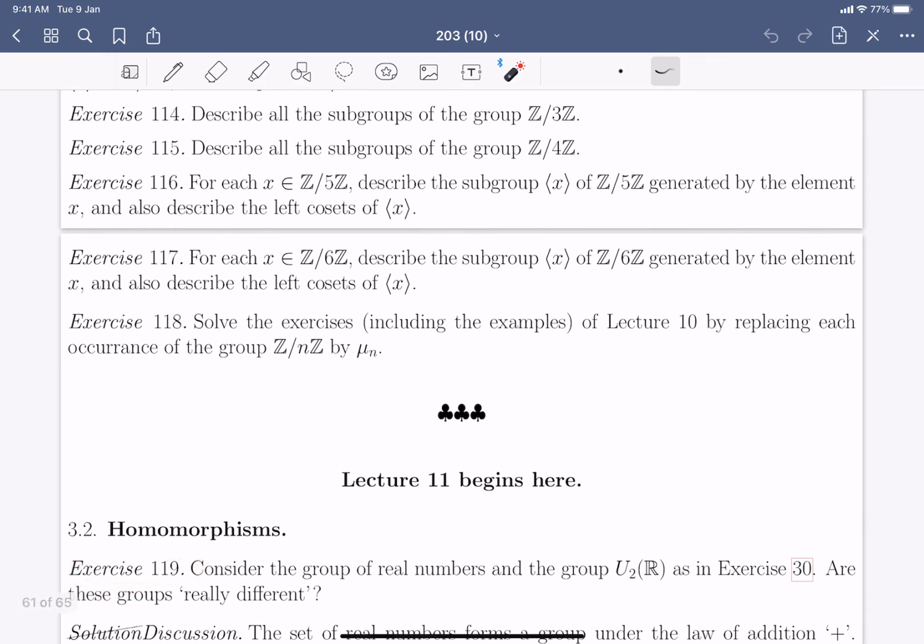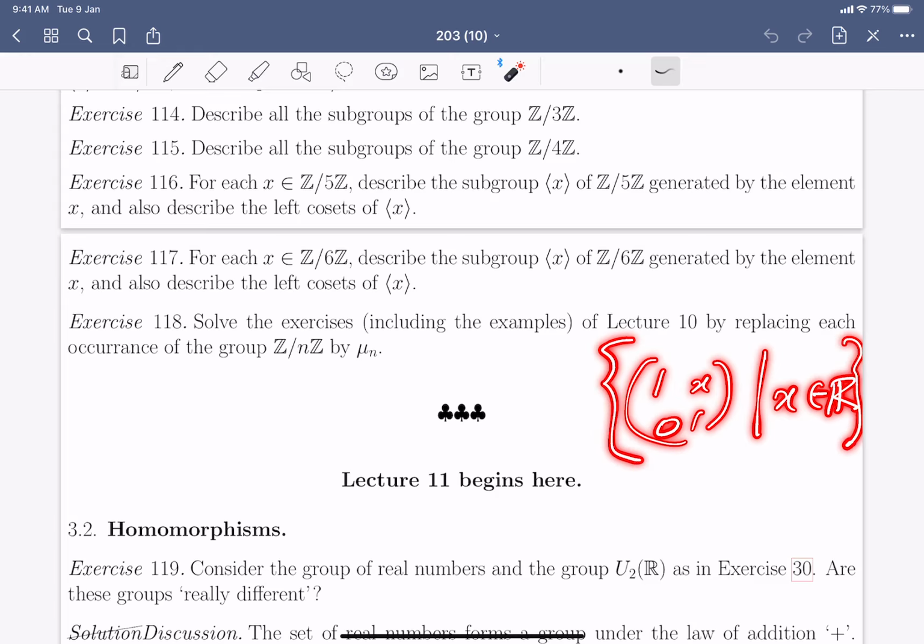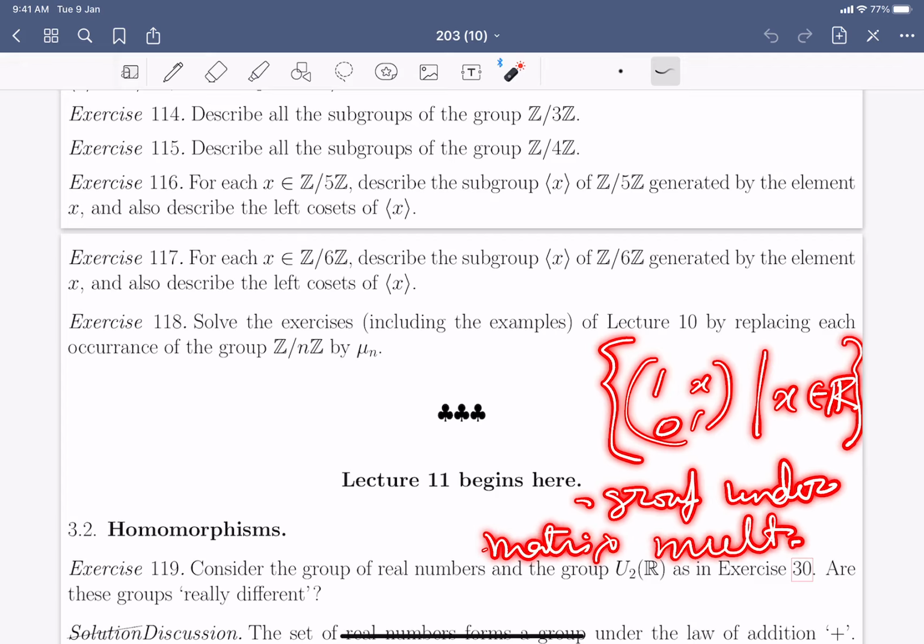Anyway, going back to some of the things that we have already discussed, the following exercise asks us to consider two groups, namely the group U2R. Recall that this group U2R consists of matrices of the form [1 x; 0 1], where x is a real number, and this forms a group under matrix multiplication.